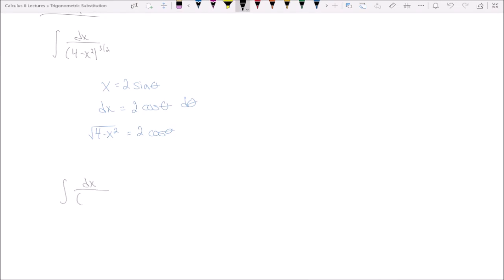Right, so our antiderivative now becomes the antiderivative of 2 cosine theta d theta over, well, wouldn't this be 2 cosine of theta cubed? Right, 3/2 is square root cubed.